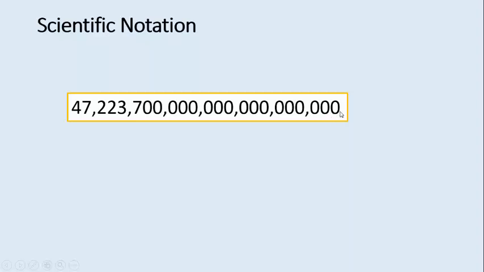So it goes 1, 2, 3, 4, 5, 6, 7, 8, 9, 10, 11, 12, 13, 14, 15, 16, 17, 18, 19, 20, 21, 22! So I move the decimal place over here, and I say it's times 10 raised to the 22.